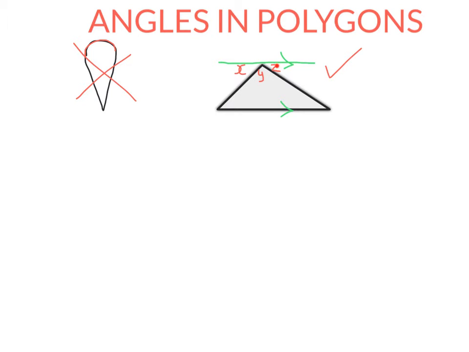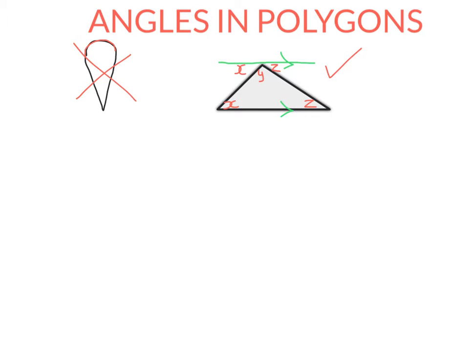That means that these two angles must be equal. If this is 80, this must be 80 too. So I'm going to put a Z there to indicate that this and this are equal. Similarly, this angle here is alternate to that one there, so I'm going to make this angle X to indicate that it's equal to the angle up here.